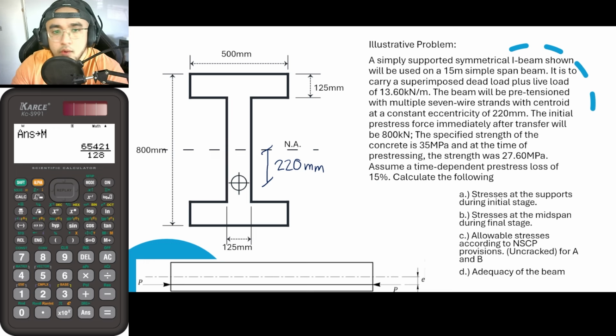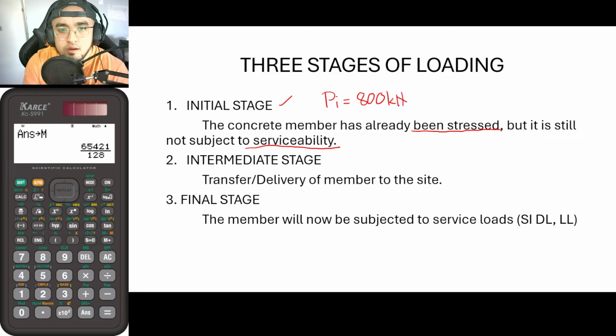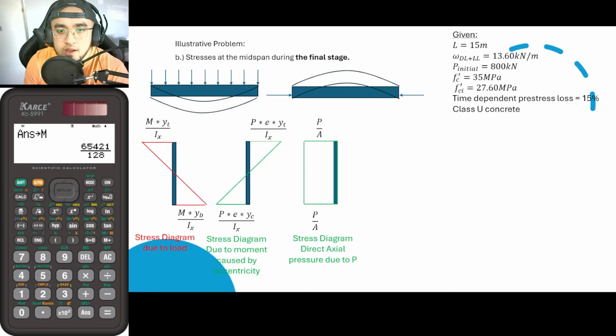So if you would be going back to our stages, during the initial stage, our Pi is equal to 800 kilonewtons. But during the intermediate stage, up until before it reached the final stage, it has lost 15%.